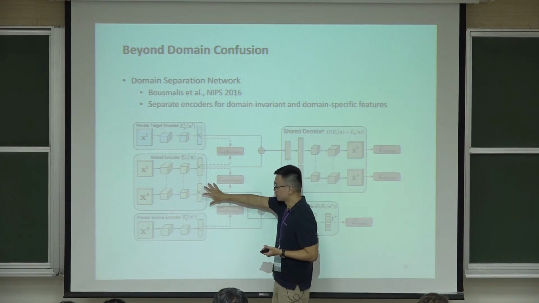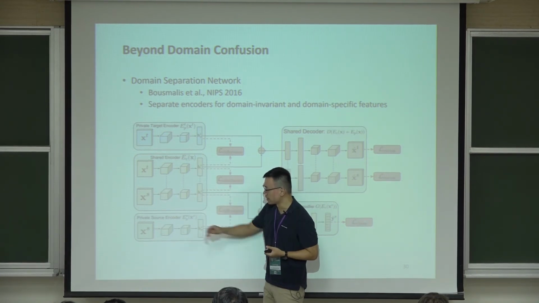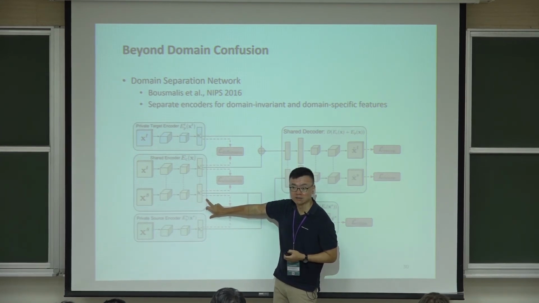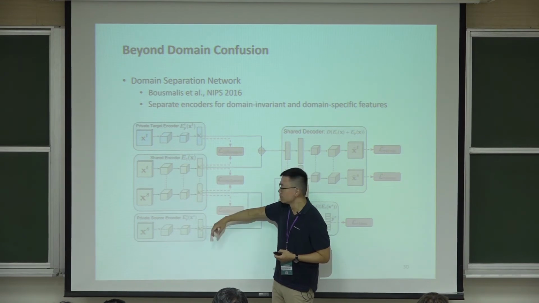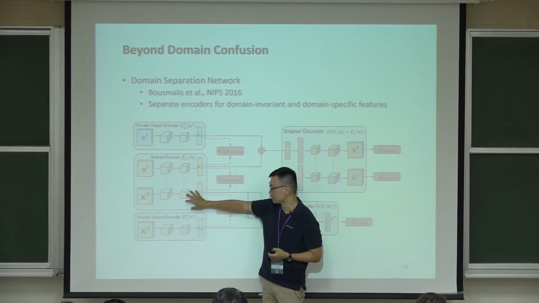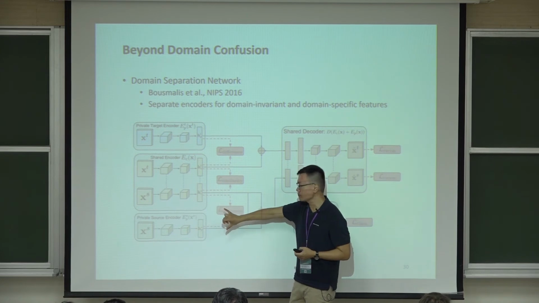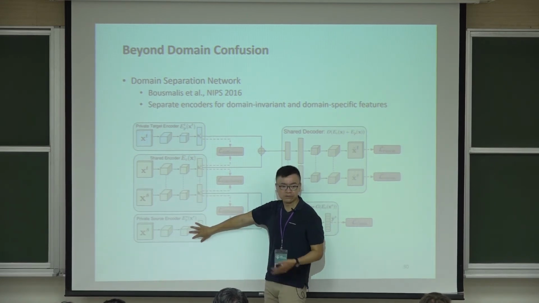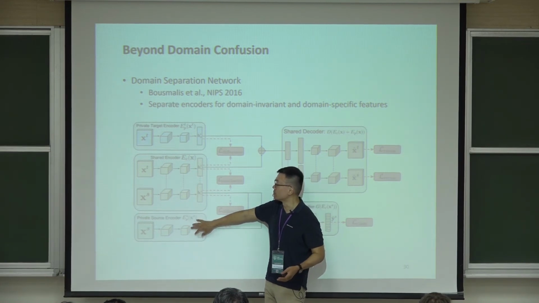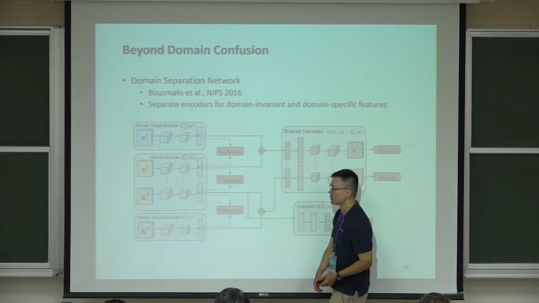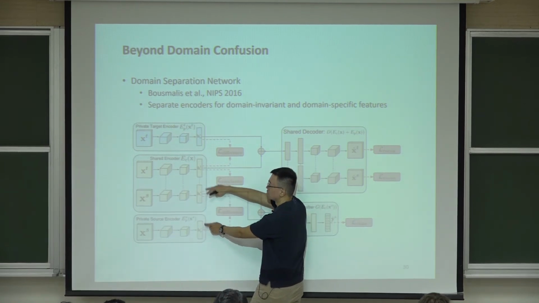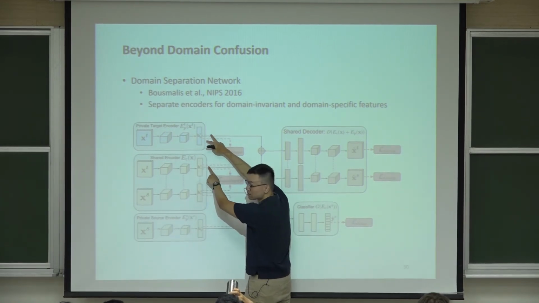And for the shared and the private encoder, hopefully these two features will be as different as possible. Because you want your content to be preserved in the shared encoder, and you want your style, background, etc. information to be preserved in the private encoder. So this is why you want these two features to be as different, as distinct as possible.